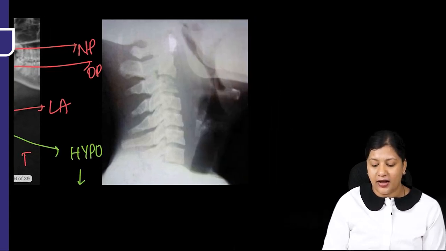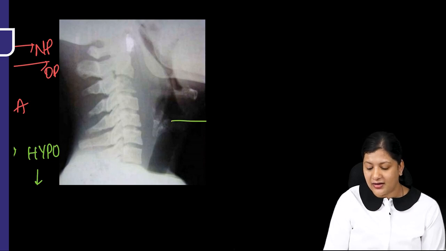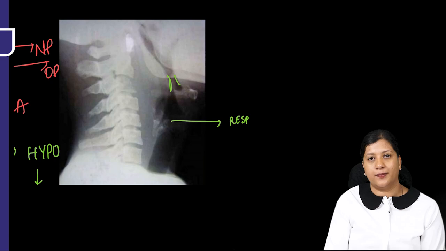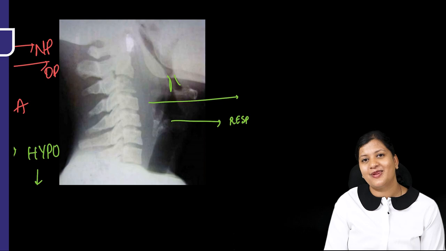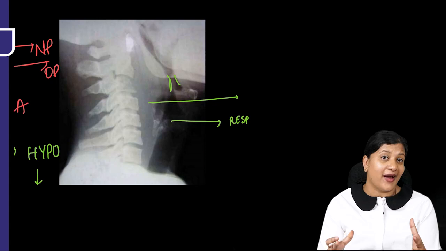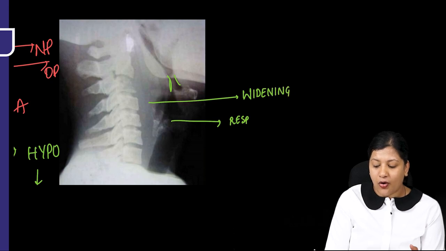Now let us see what happens in a pathology. What is it that you see? Obviously anteriorly the respiratory tract seems fine, except that you are seeing some narrowing over here. But what is happening to the greyish shadow or the prevertebral soft tissue shadow? Do you see there is a widening? Yes. So that widening of the prevertebral shadow is suggestive of something.